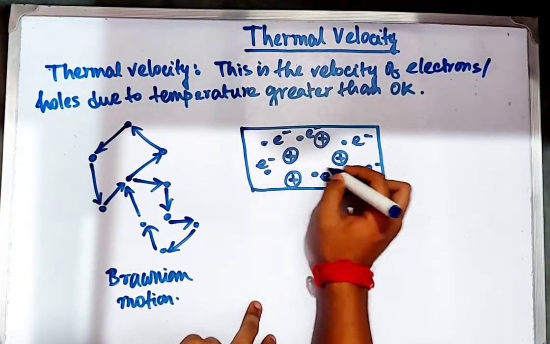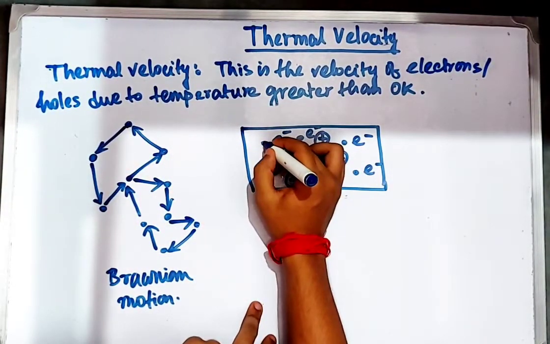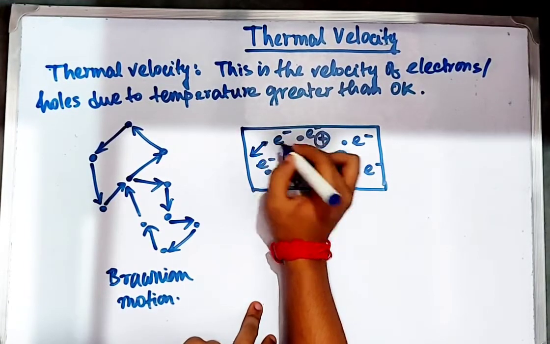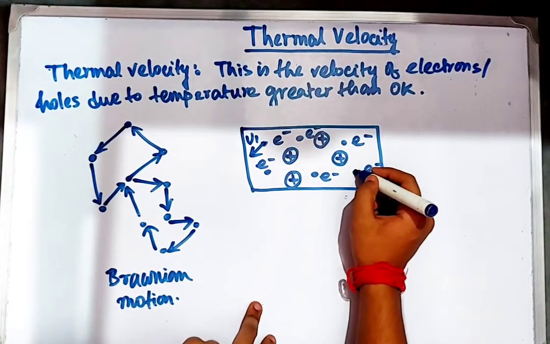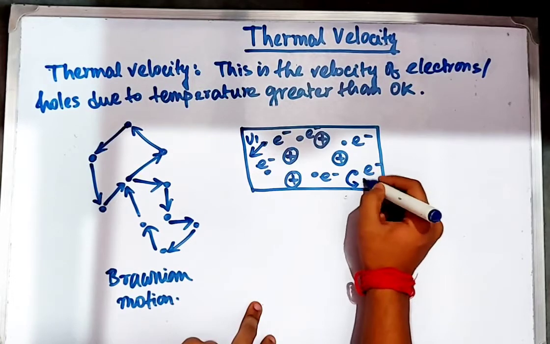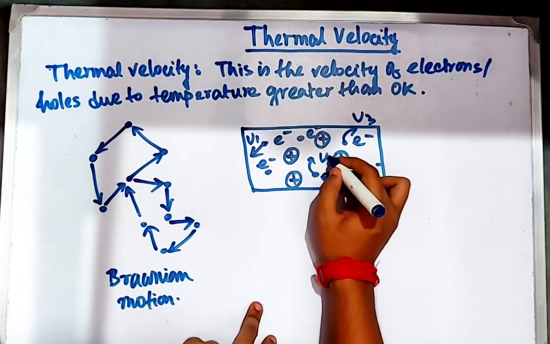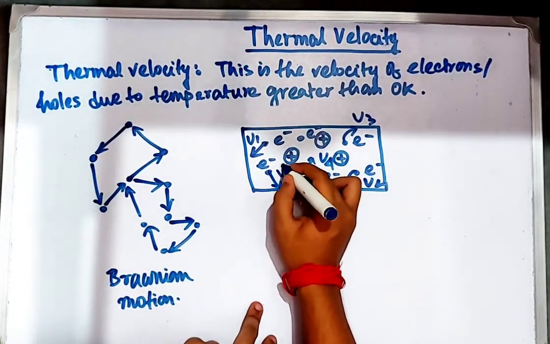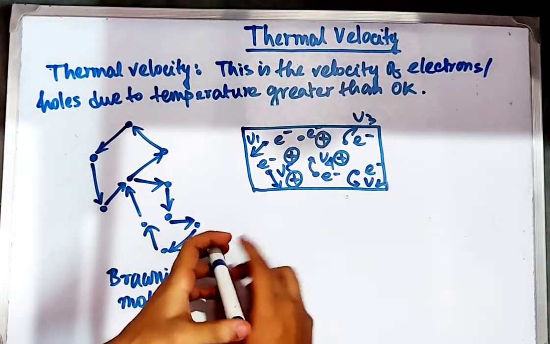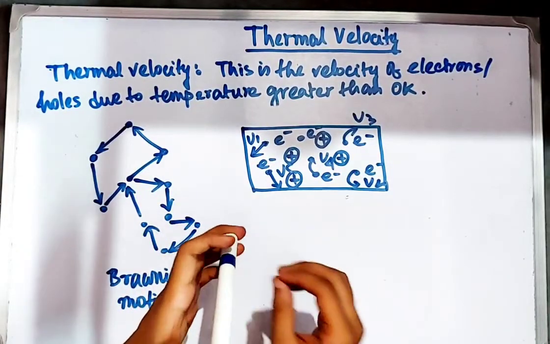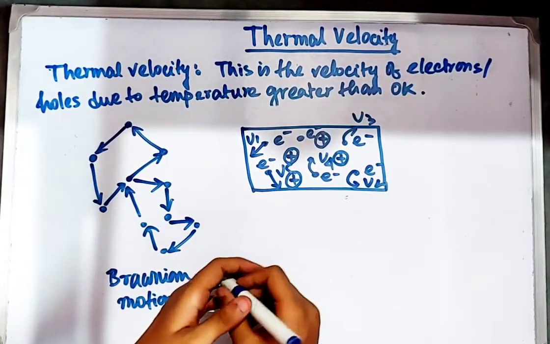Each and every one of these electrons has its unique Brownian motion. Suppose at any particular time this electron is moving with u1 velocity, this with u2, this with u3, this with u4, this with u5. Each of these electrons follows its random motion.